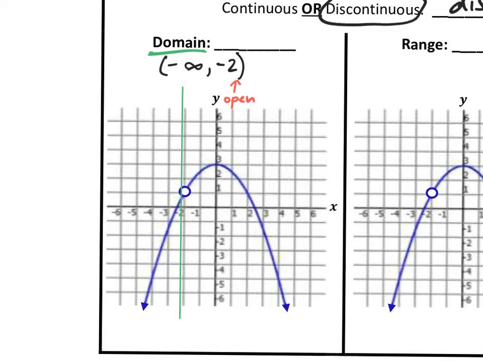Okay. So now I need to talk about the piece on the right. This piece. But I'm going to put a union to say that we're going to combine these two pieces that make up the graph. But now let's talk about the piece on the right. Where does that piece start? Well, it starts where the other one stopped, right?